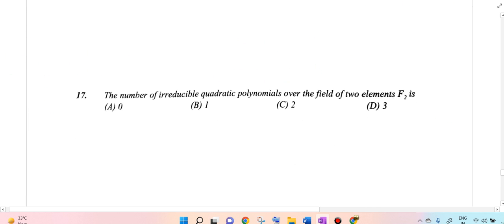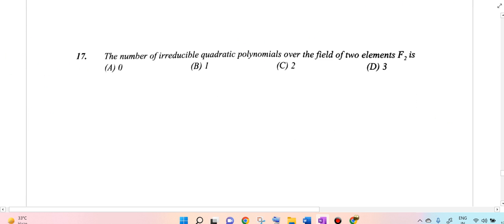Next, 17. The number of irreducible quadratic polynomials over the field of 2 elements F2. So let's take a polynomial f(x) equal to ax square plus bx plus c over Z2.